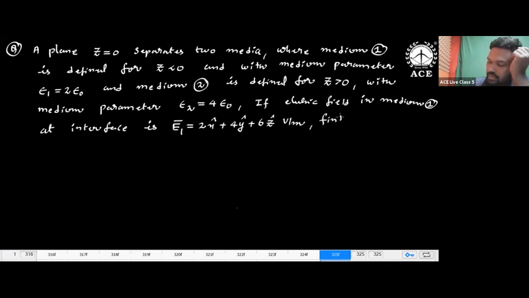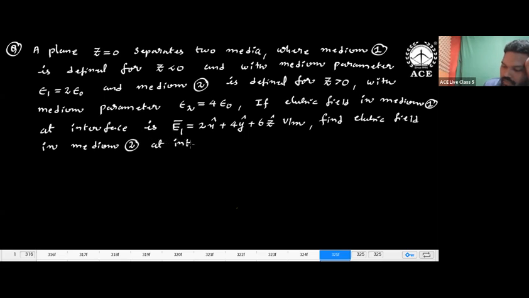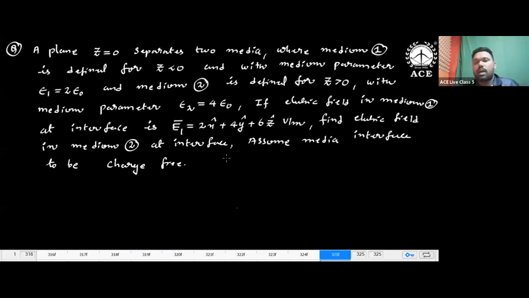Find electric field in medium 2 at interface. Assume the media interface to be charge free, beta. Yes, what should I do? I should draw some diagram here.